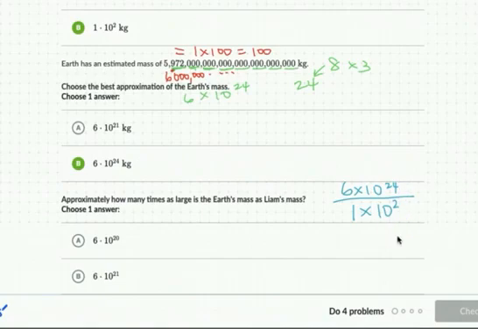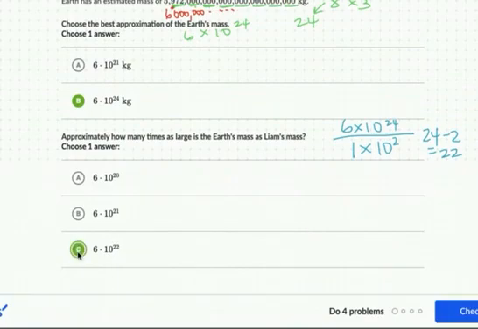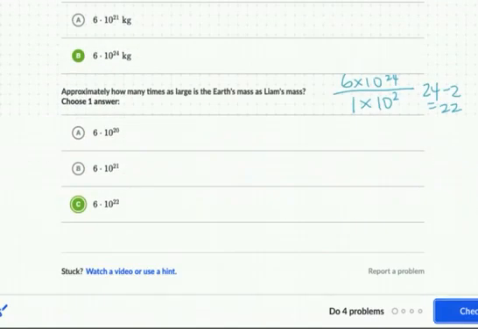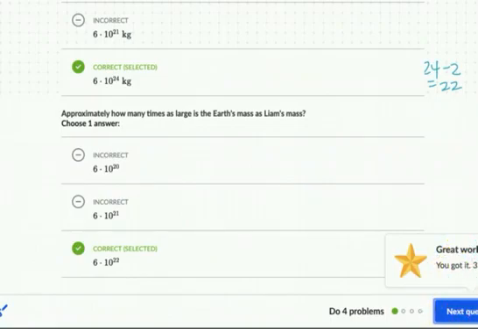So we got to divide these. We know that division of the same base number is just subtracting. So it's going to be 24 minus 2, which is 22. So that would be 6 times 10 to the 22nd power. 6 divided by 1 is that 6, and then the exponents with the same base divided is the same as subtracting. So 6 times 10 to the 22nd power. Those are our answers. Great.